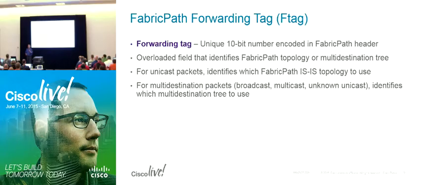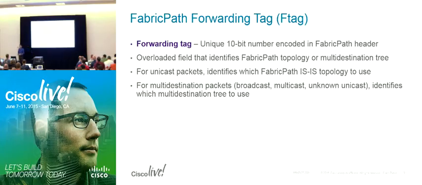It's used for two things: to identify a multi-destination tree using the F tag, or to identify the topology if it's a unicast frame. Meaning, if you have a unicast frame in the fabric, it will have an F tag in there, and the purpose of that F tag in the frame is to identify the topology. If you have a multi-destination frame, you will have an F tag there as well, but the purpose is slightly different. It is to identify the tree to which that given multi-destination frame must be constrained.